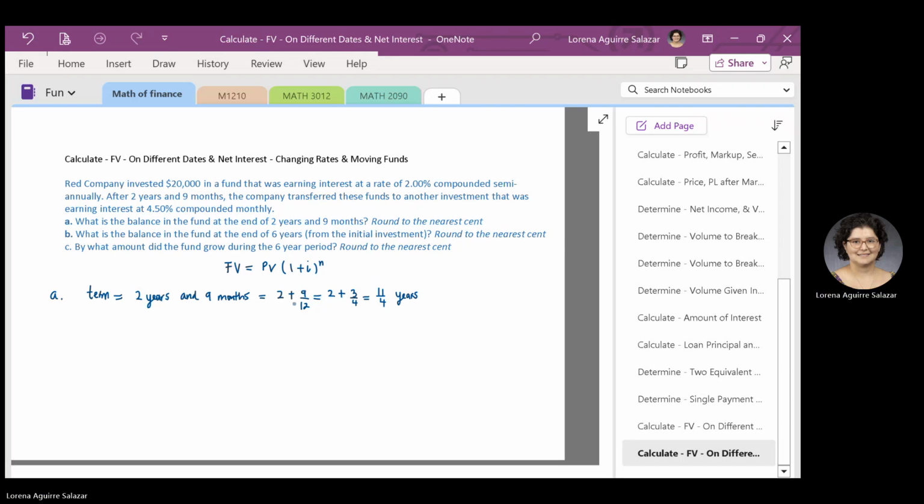Now, we have that the fund was originally earning interest at a rate of 2% compounded semi-annually.